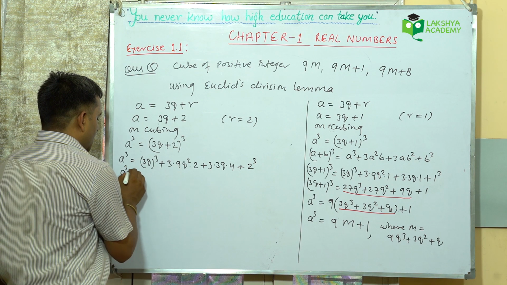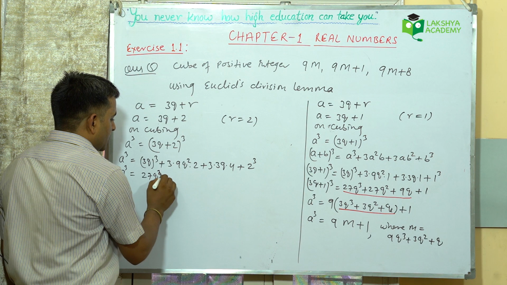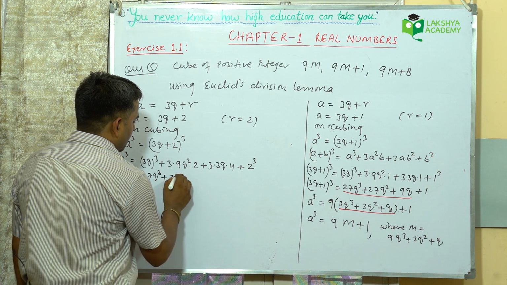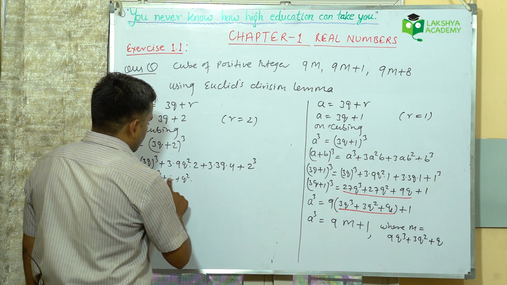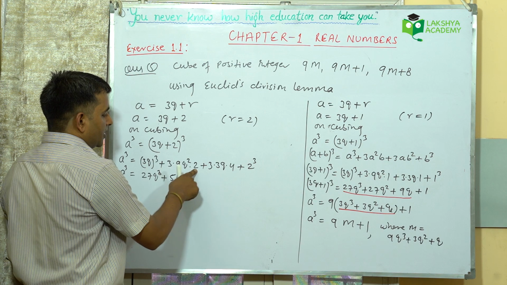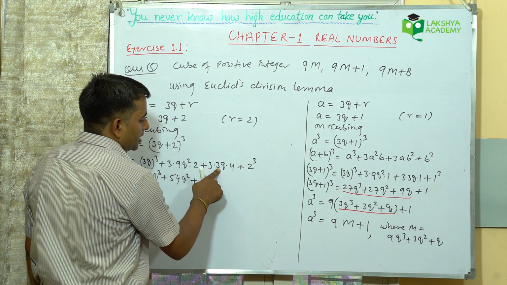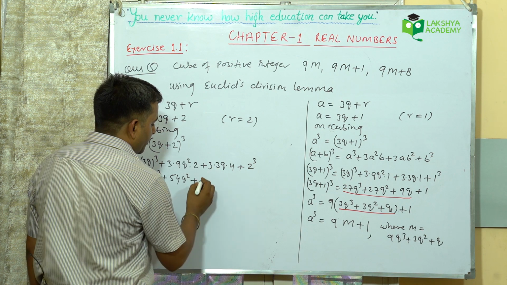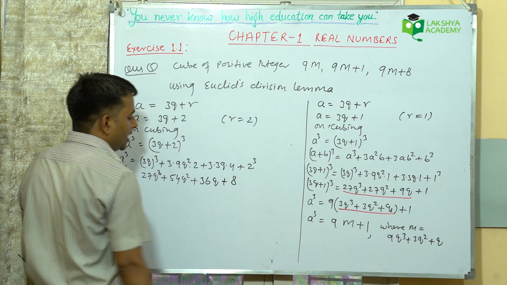So this becomes a cube equals 27q cube plus 54q square, 3 times 9 are 27, 27 into 2, 54q square, plus 3 times 3 are 9, 9 into 4, 36q, plus 8.